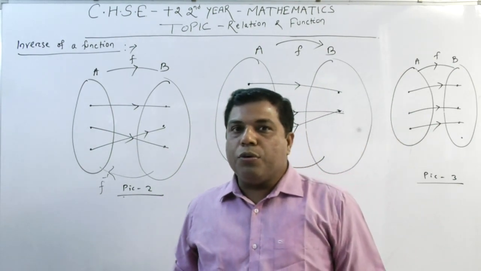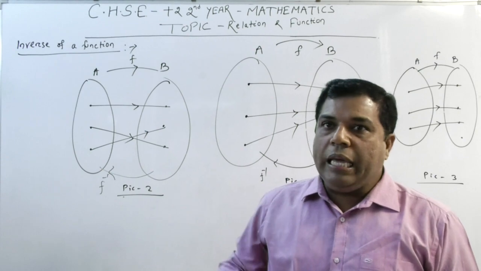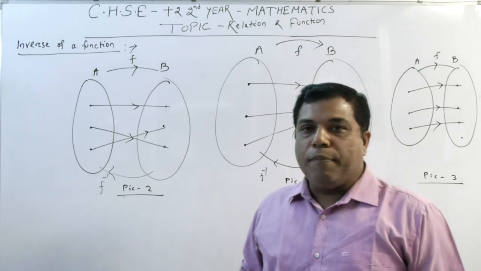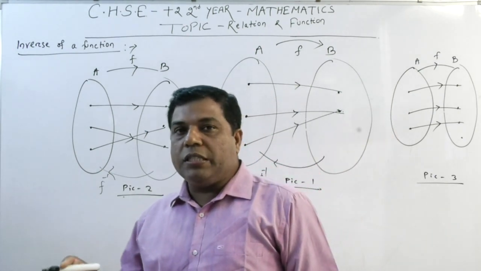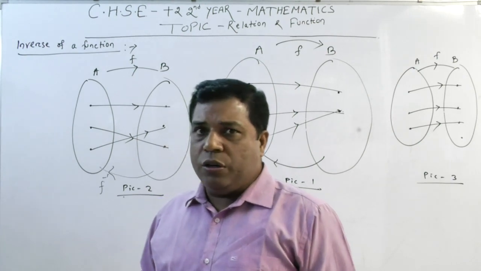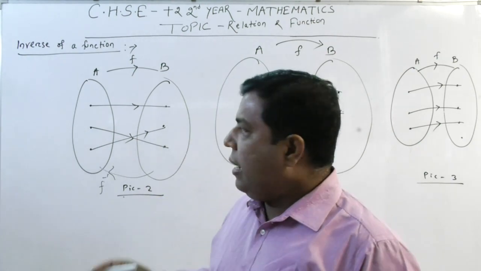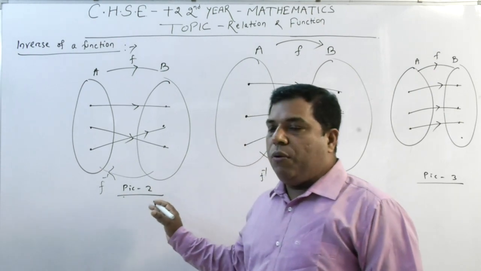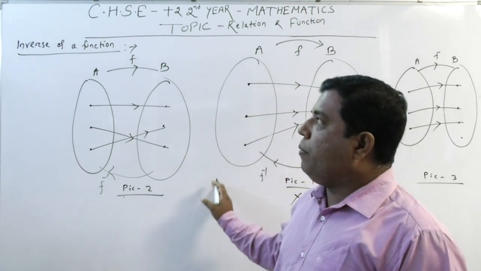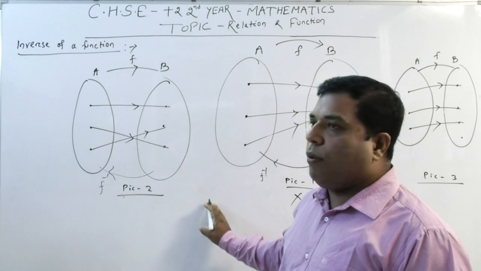The original function should be bijective in nature, means it is one-one and onto. It should be one-one and also onto, then only we can find the inverse of the function, otherwise not.